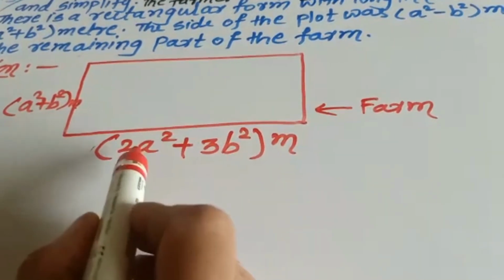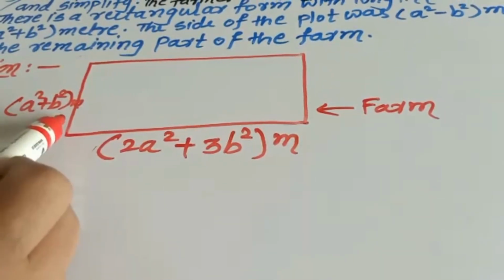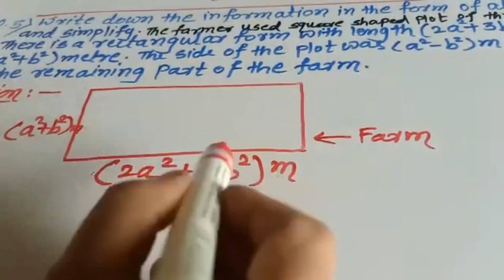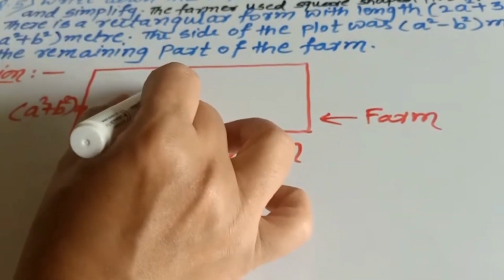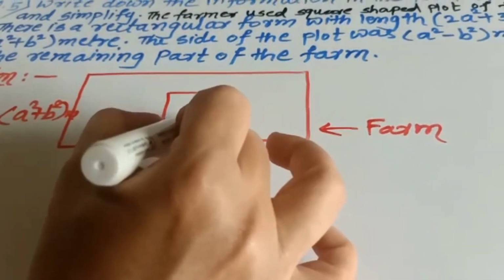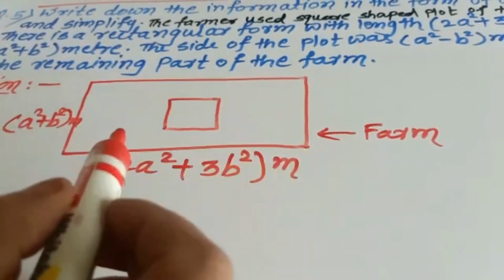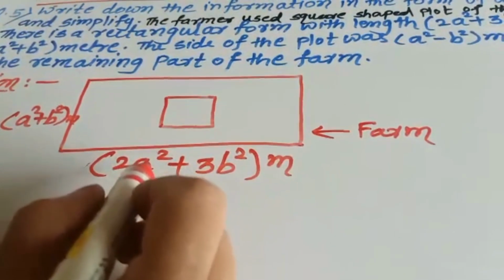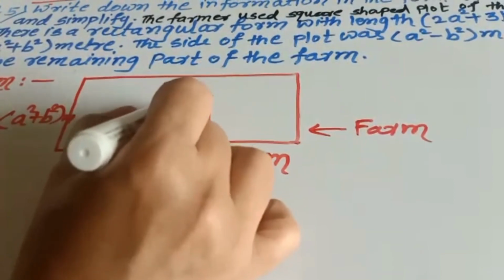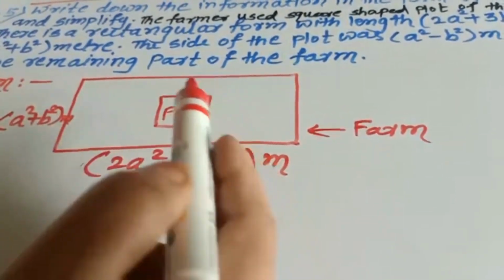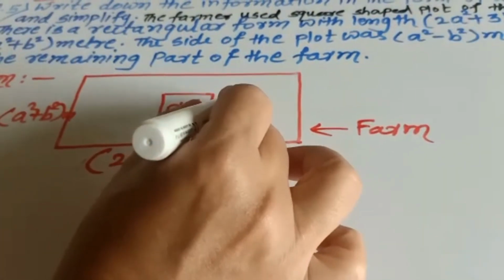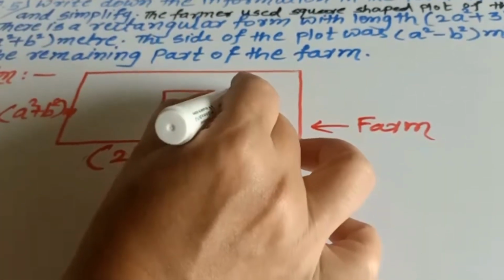Okay, so here length we are having, breadth is also we are having, and inside of that rectangular shape farm there is one square shape area, or the plot, that the farmer is going to use to build his house. The side of the plot was a square minus b square, and we know that a square has equal sides.